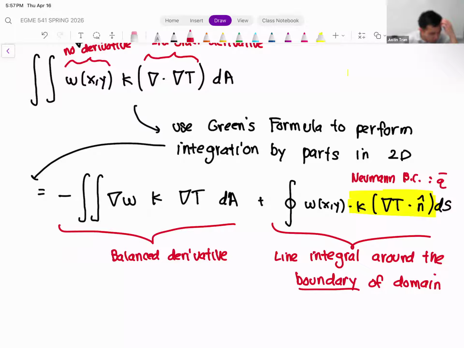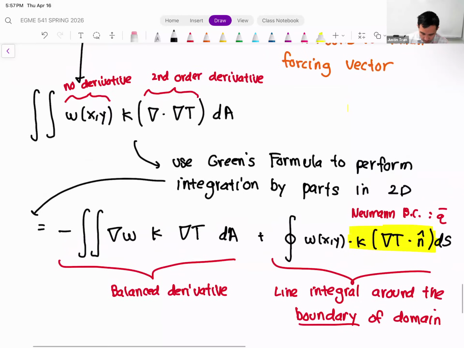So that right there is our expression for Q hat or Q bar. Good. All right, so now that we've done the integration by parts, we've substituted for a Neumann boundary condition. Let's put it all together to express our weak form.